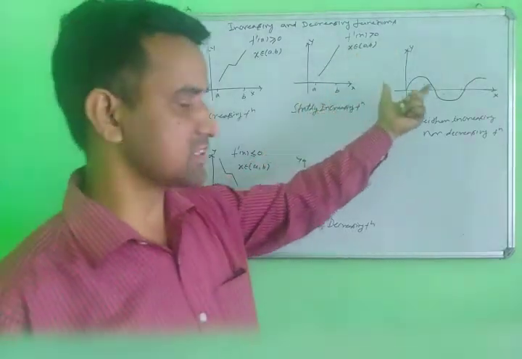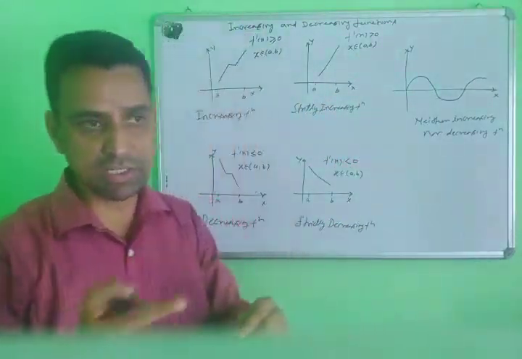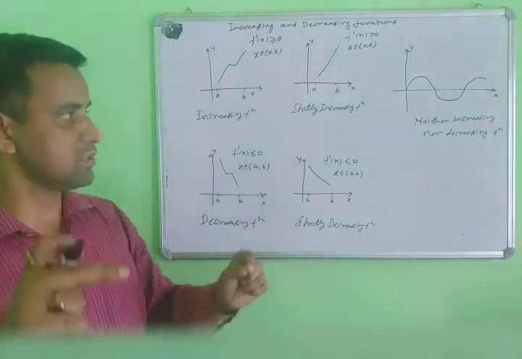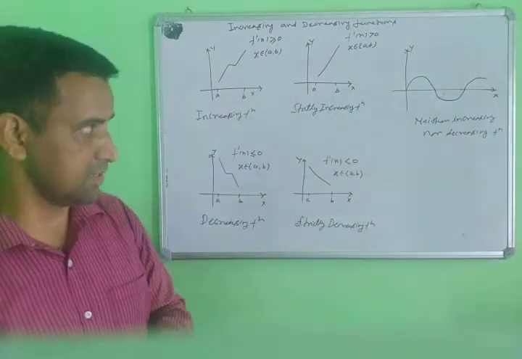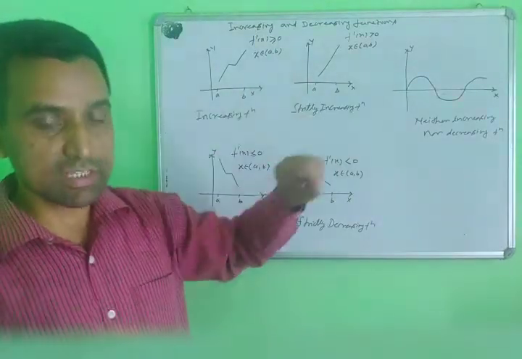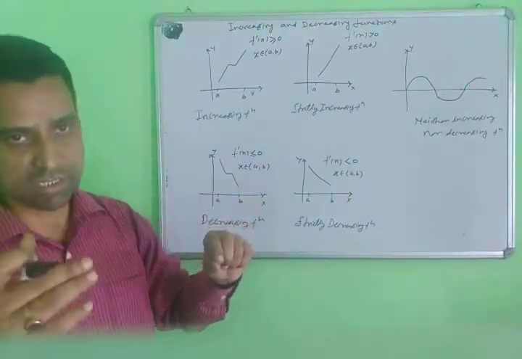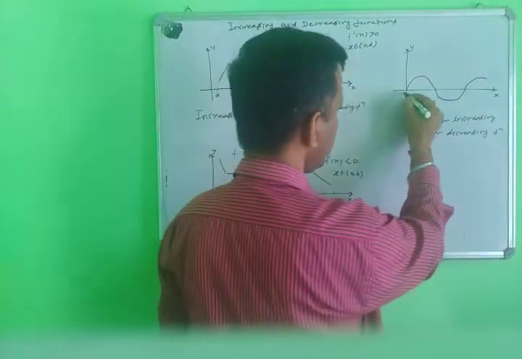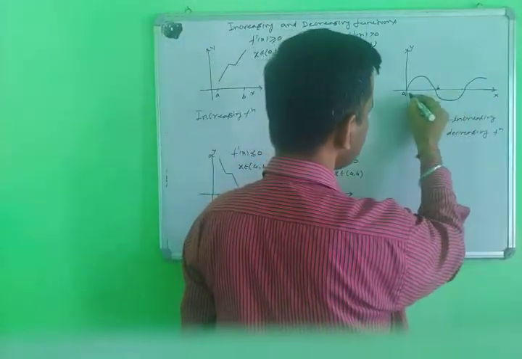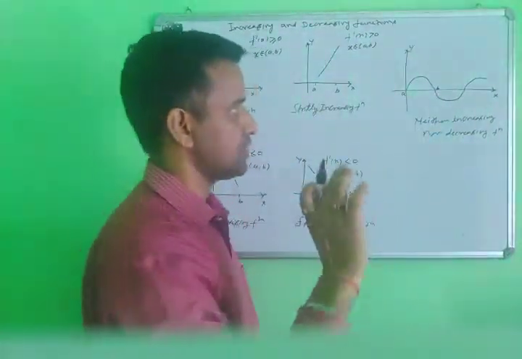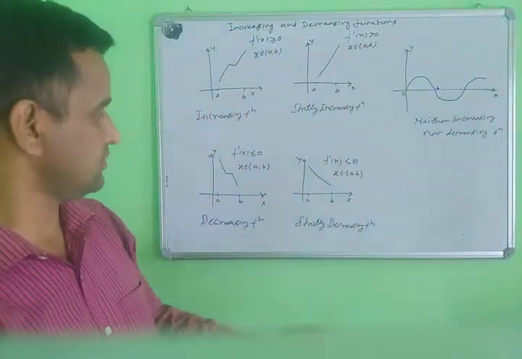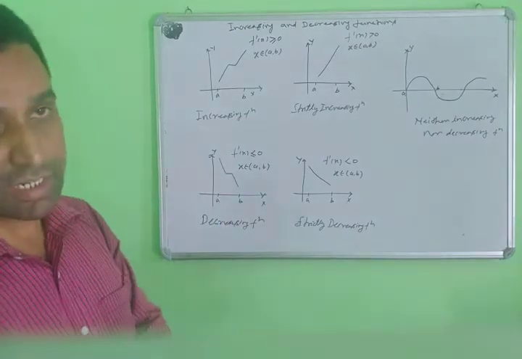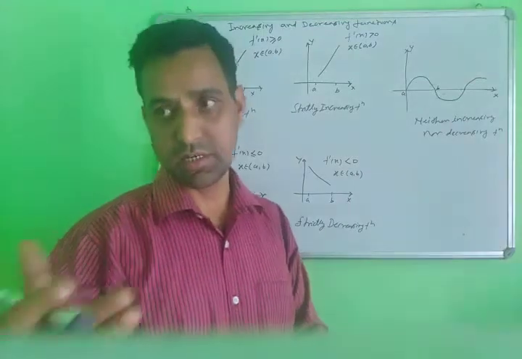In a function that increases and decreases, decreases and increases, you say it is neither increasing nor decreasing. But if you take a particular interval, then you can say increasing or decreasing. Writing 0 to pi, or a to b, you can say that over a to b the function is never increasing or decreasing. So this is the basic concept of increasing, decreasing, strictly increasing and strictly decreasing.